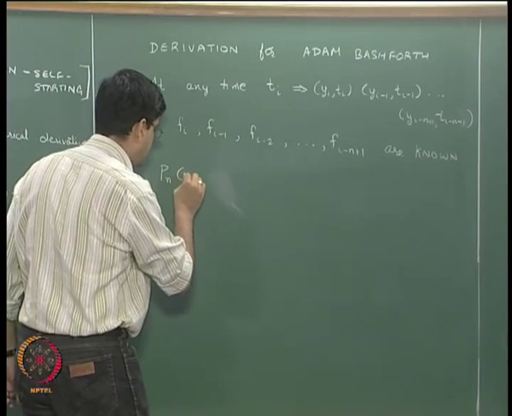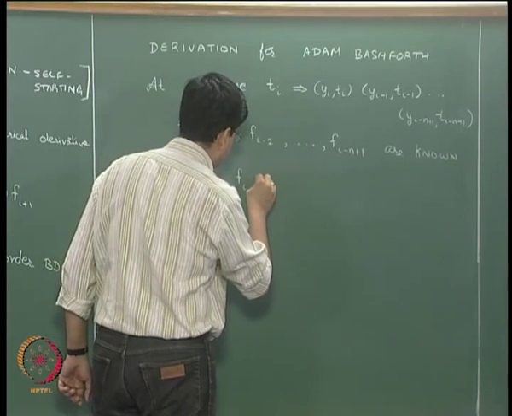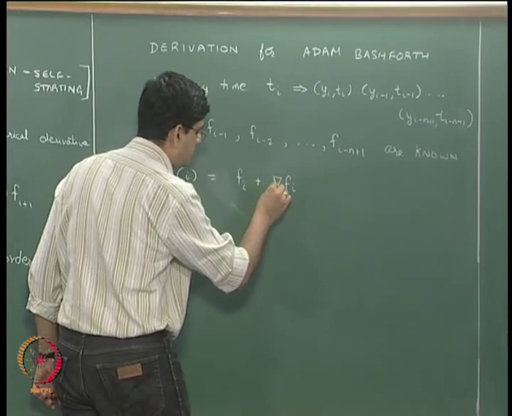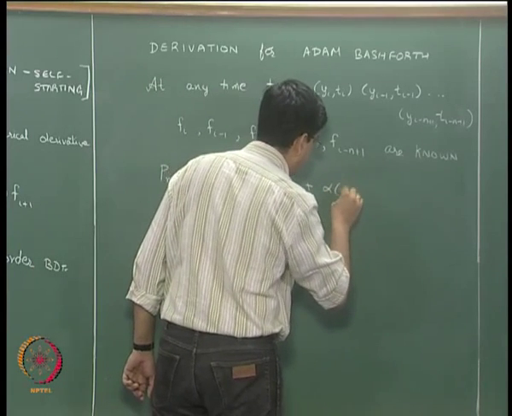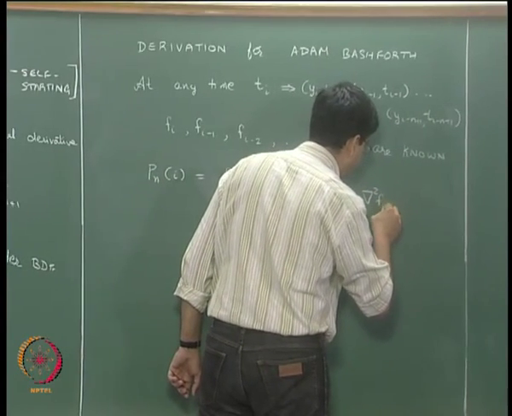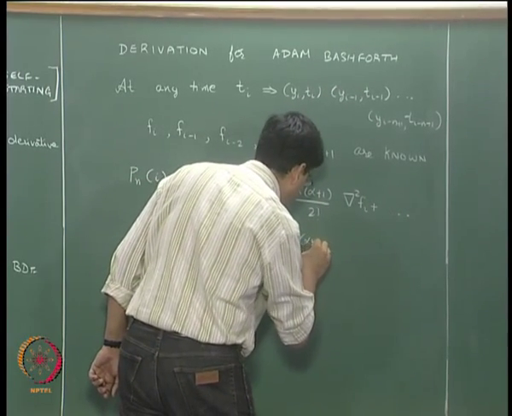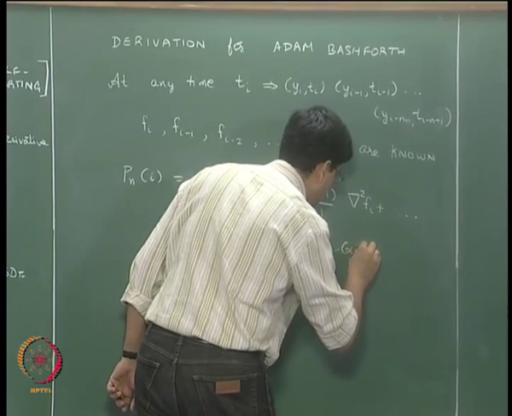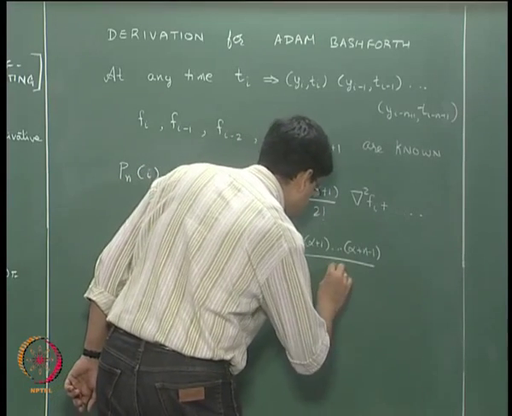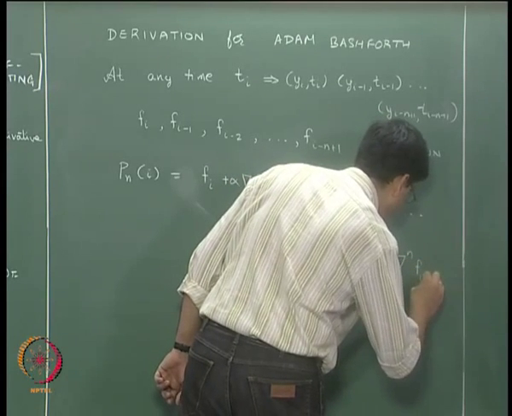Pn computed at location i is going to be equal to fi plus backward difference fi multiplied by alpha, plus alpha (alpha plus 1) divided by 2 factorial delta squared fi, plus so on up to alpha (alpha plus 1) ... (alpha plus n minus 1) divided by n factorial delta to the power n fi.